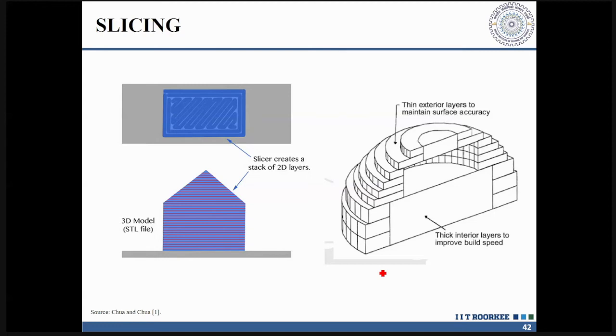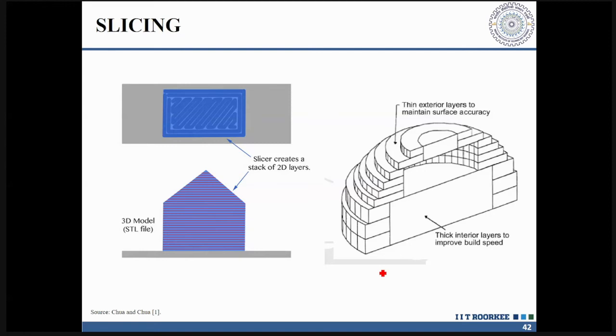Once you have done the triangulation using any particular solid modeler, using any particular point cloud data, you have created a triangulation. The next step that I have to go for is the slicing methodology. In this slicing methodology, you are actually stacking 2D layers: one layer stacked over another, over a third, over a fourth layer.